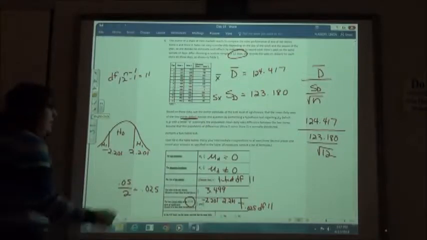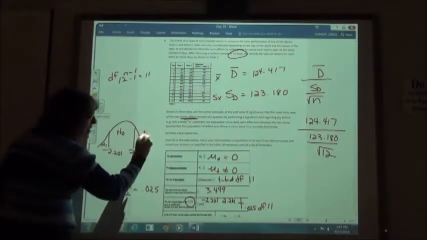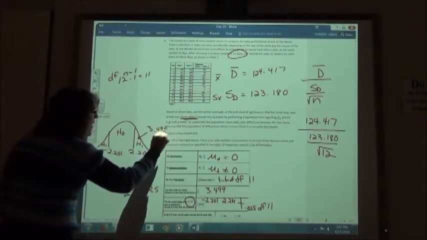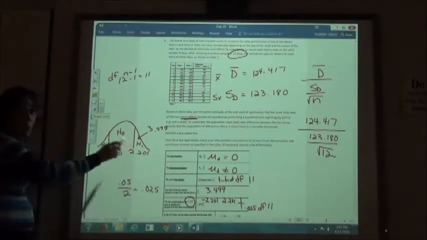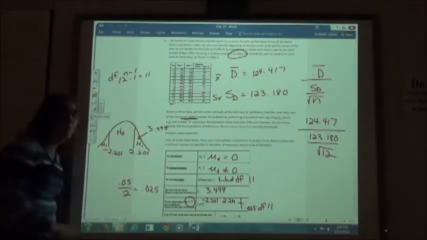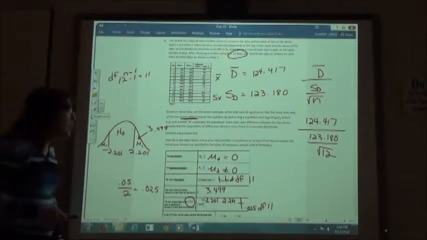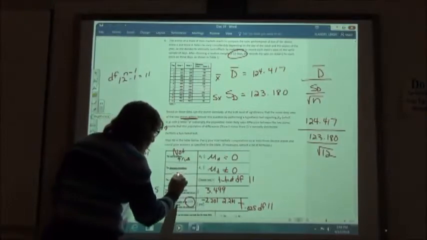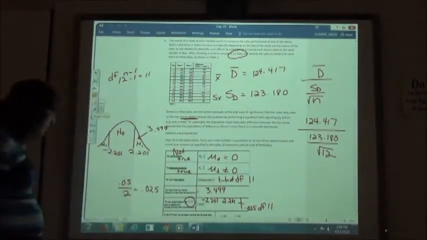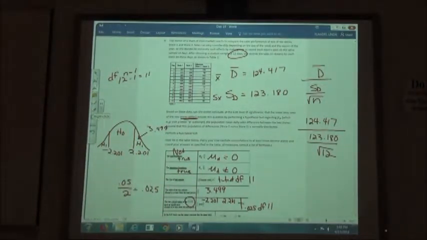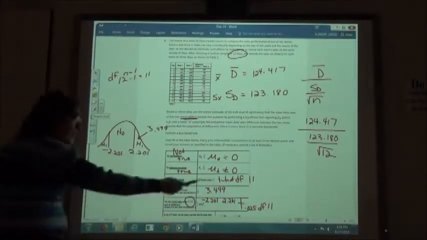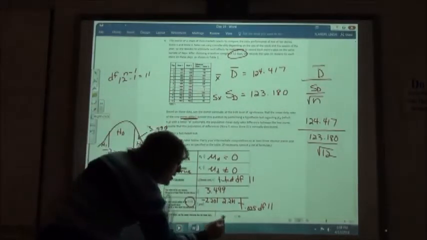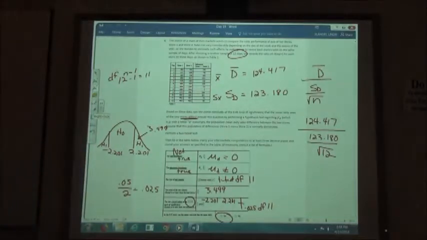On the right, in the rejection section over here, right? 3.499. That means that we're going to accept the alternative hypothesis, that the null is the one that's not true. So this one's not true. This one is our true statement. Can we conclude that they differ? Yes, they do differ. They're not equal. So yes, we're saying the not equal is true. So yes, they do differ.